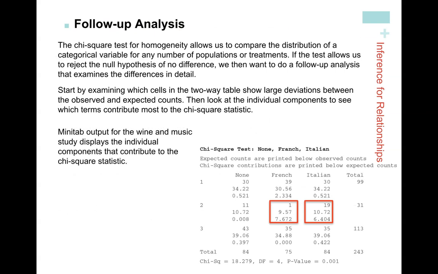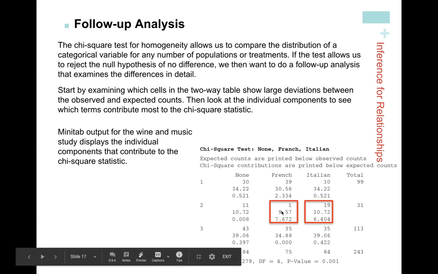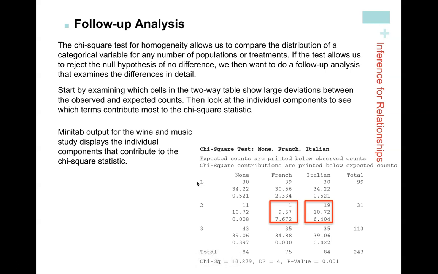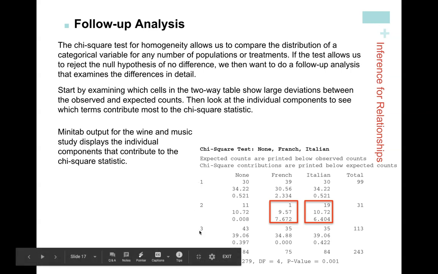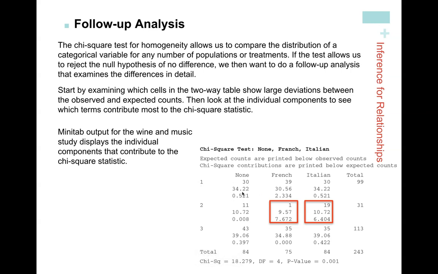Now, if you have Minitab output, like I said, Minitab output is awesome because everything you need is right here. They even have it as the two-way table. Here's no music, here's French music, here's Italian music, then here is French wine, Italian wine, and other wine. And in each cell, what does it have? Oh my God, it has everything.